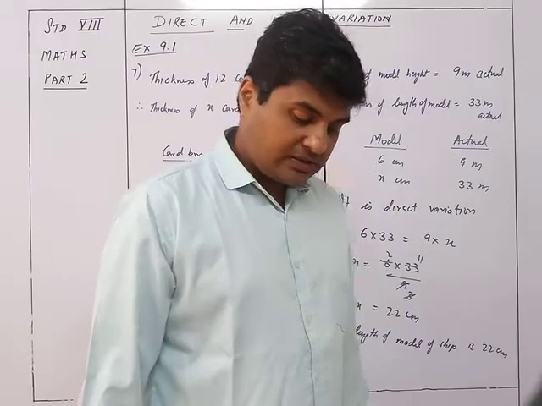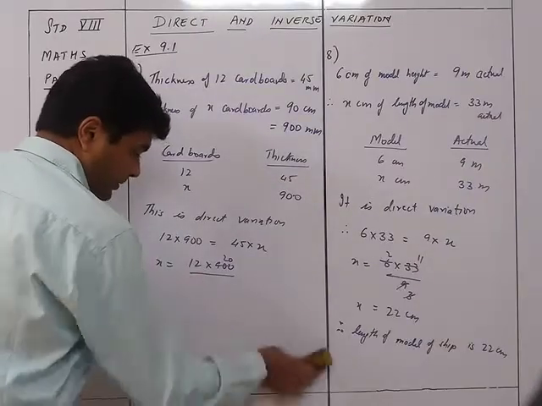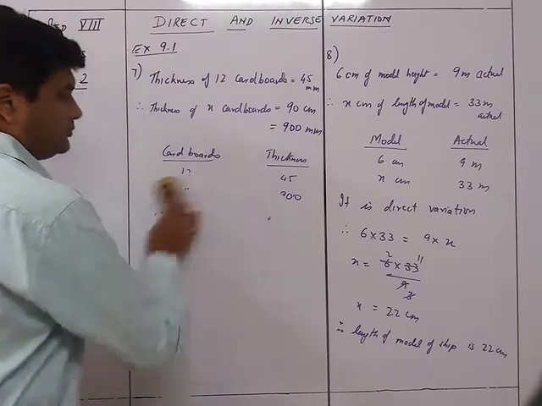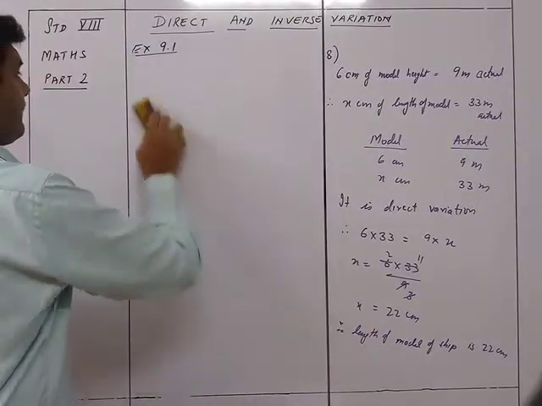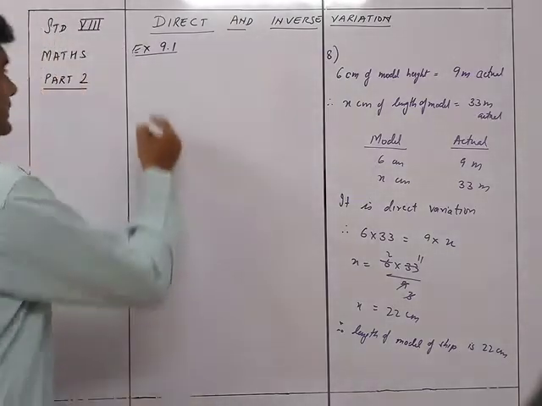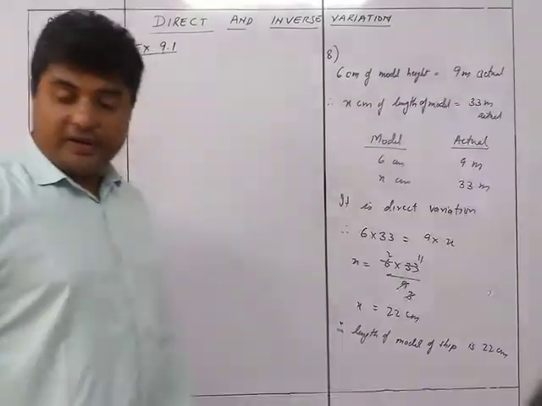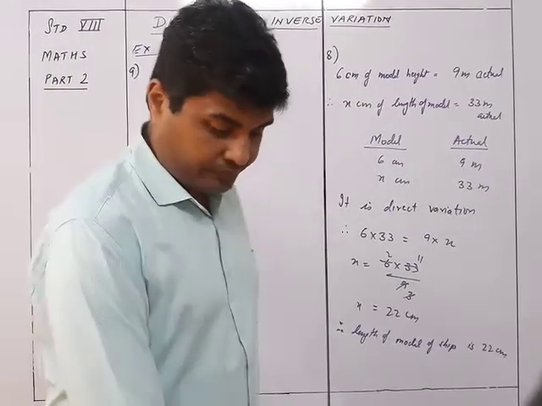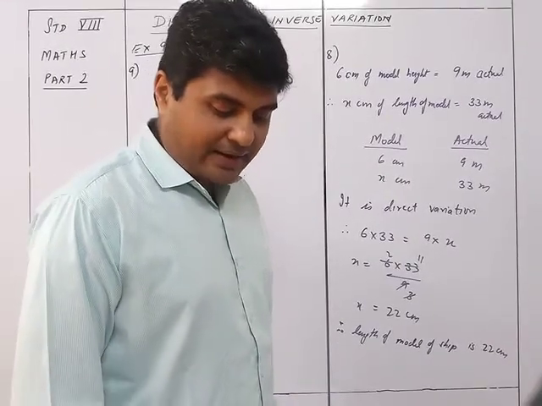Okay, so that was sum number 8. We now move on to sum number 9. The mass of an aluminium rod varies directly with its length.